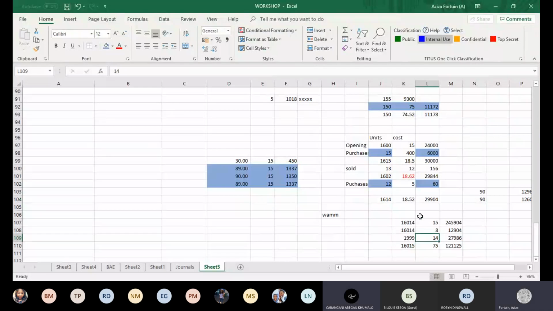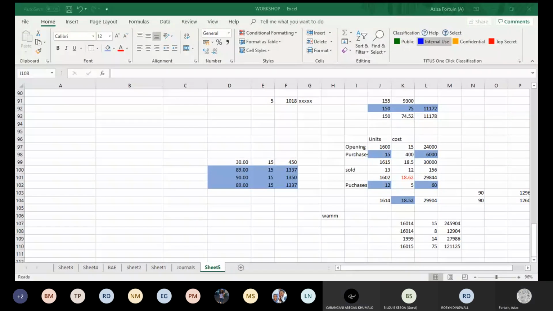So it's 18.52 Rand. Yukisa, I'm worried you're not talking to us anymore. Did you go sleep or something? Is he still here with us? No, he's gone. Oh, he is still here.